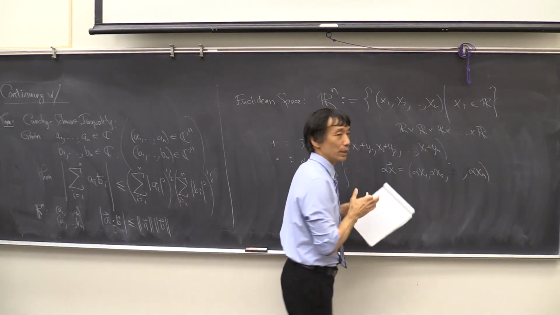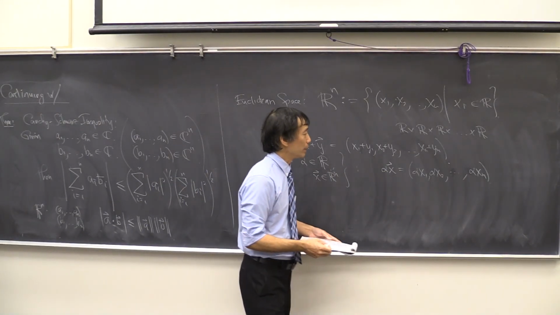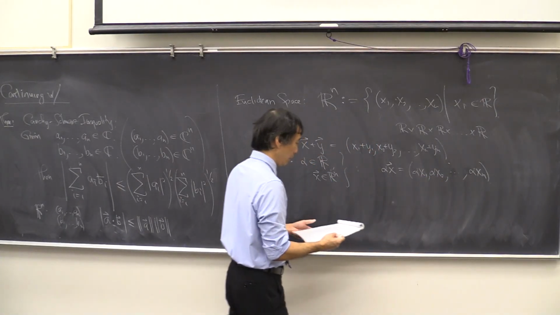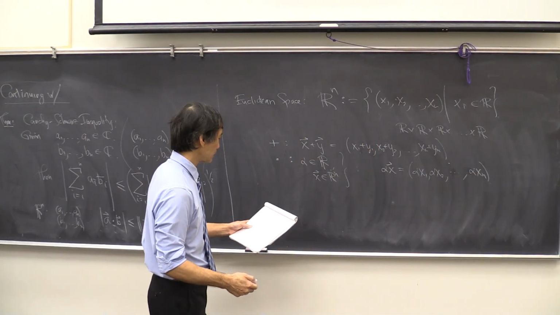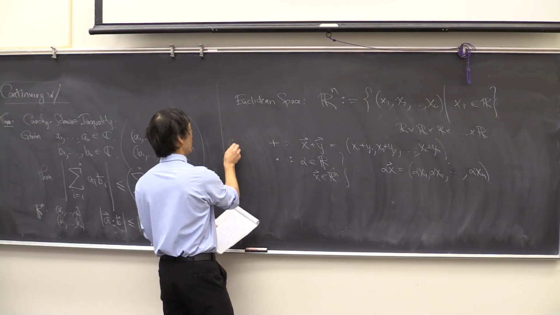So you've stretched every component by that factor, and multiplied the norm by alpha.